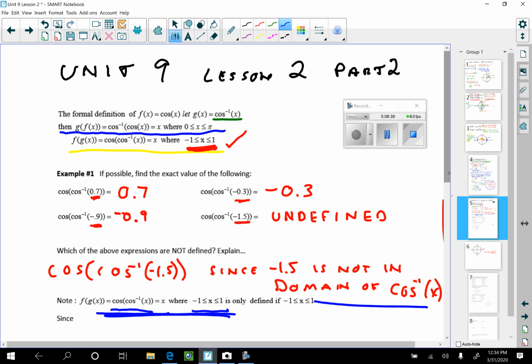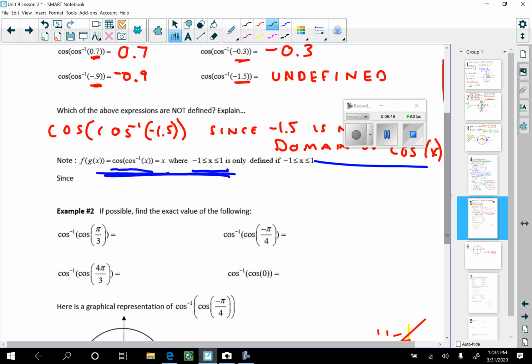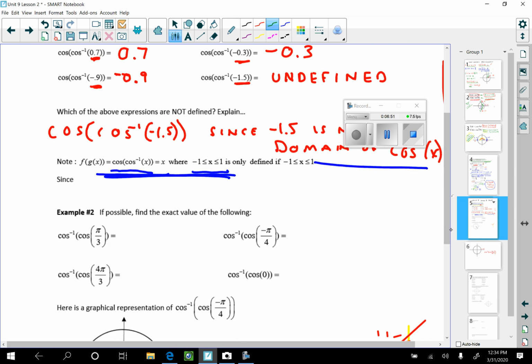And what's going to get confusing is when I look at this second statement, inverse cosine of cosine. All of these are going to deal with inverse cosine of cosine of something. And although that's going to equal x, if what? If x is between 0 and pi.